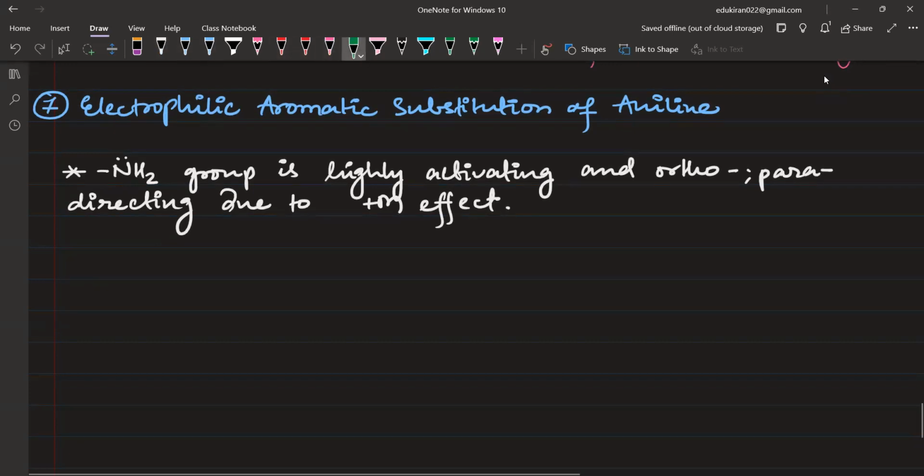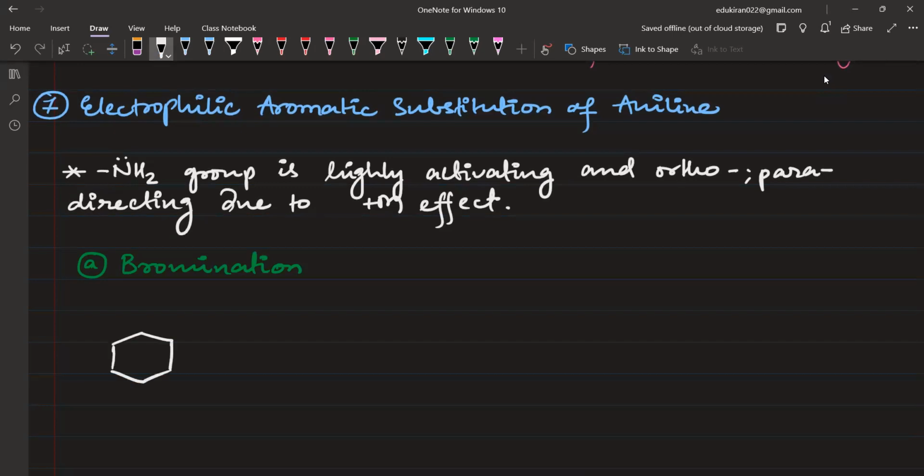So we'll see the first reaction, that is bromination. Now in bromination, it is so highly activating a group. It increases the reactivity so hugely that we don't need any catalyst.